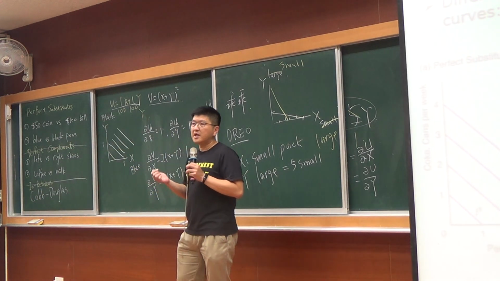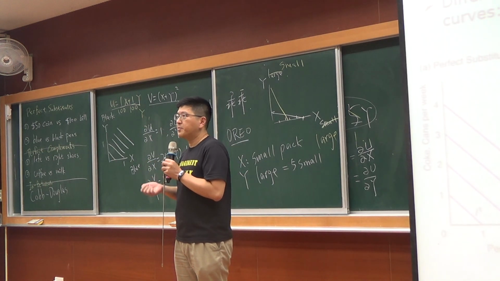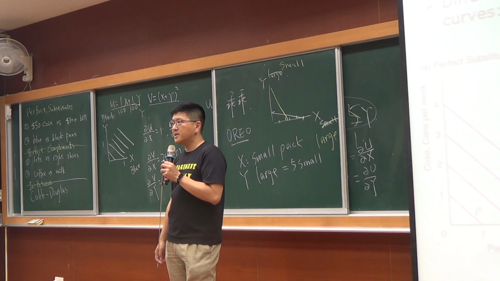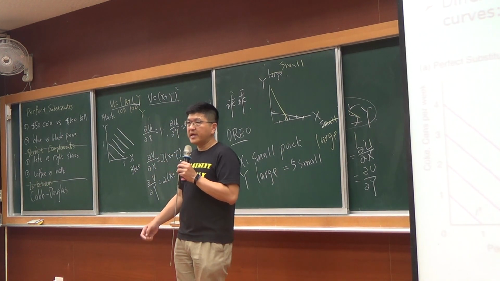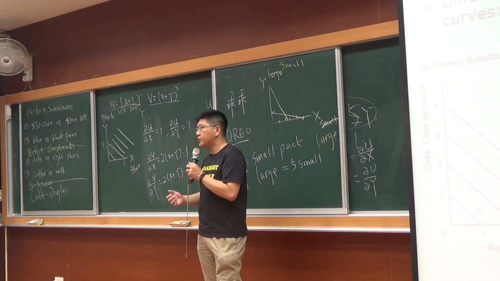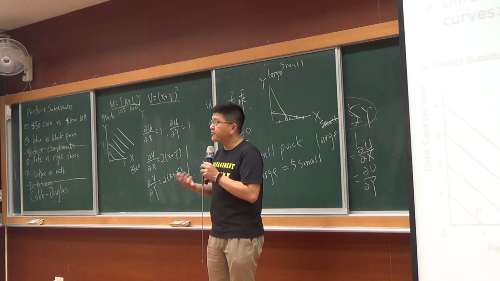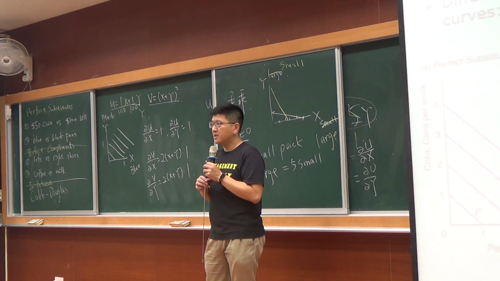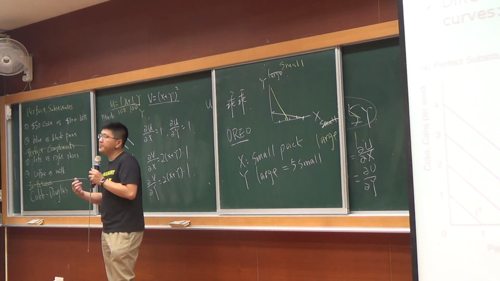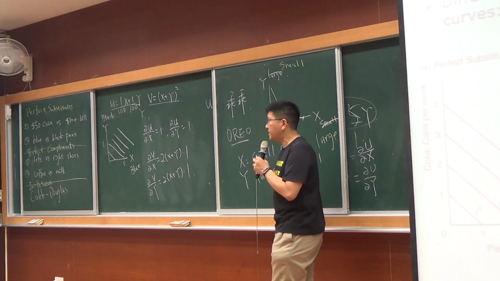The key thing we care about is the number of pairs of shoes, right? Extra left shoes or extra right shoes do not provide any further utility. We just care about how many pairs of shoes we have. That's the key point.